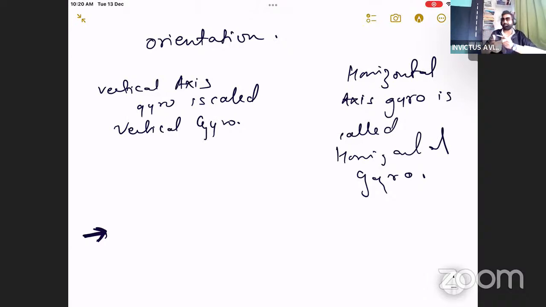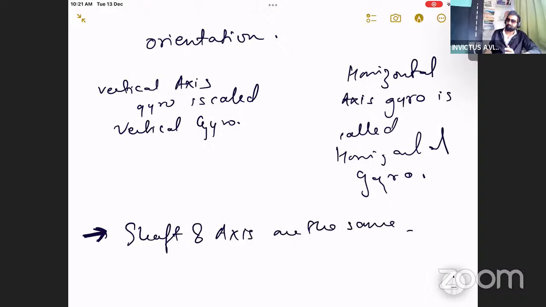What is not imaginary is the shaft. The axis can also be termed as the shaft about which the gyro rotor spins. Shaft and axis are the same. Okay.